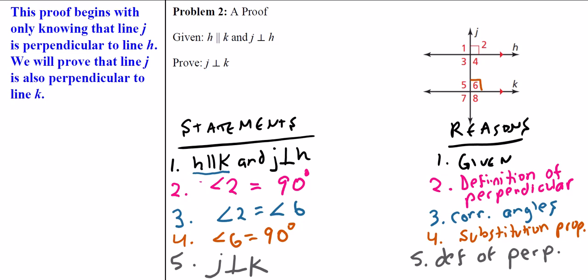So by definition of perpendicular lines, if angle 6 is a 90-degree angle, if it's a right angle, then that means J and K are perpendicular, and we're done with this proof. As always, I invite you to think about this proof, go back and try it out for yourself, prove it to yourself. Don't just blindly write what I write. Think about it, study it, learn it for yourself, own it.